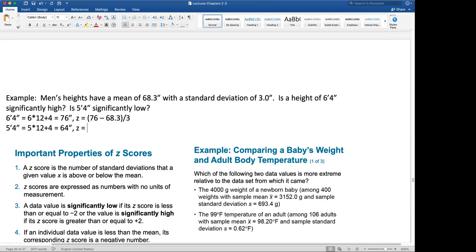The z-score is 64 minus 68.3, divided by 3. That will give you the number of standard deviations that the data value is away from the mean.